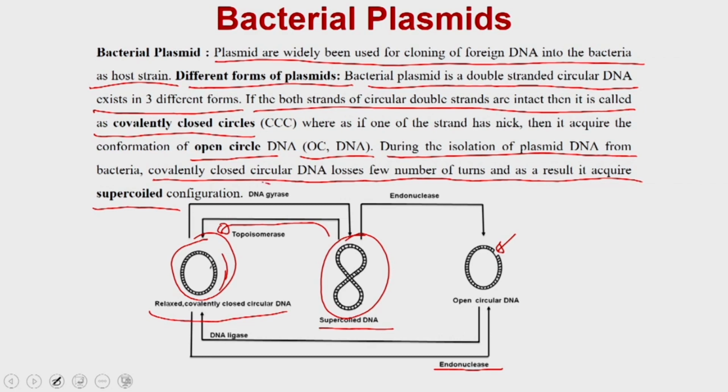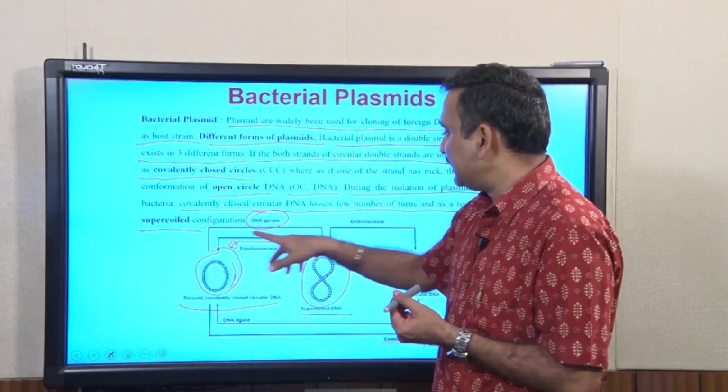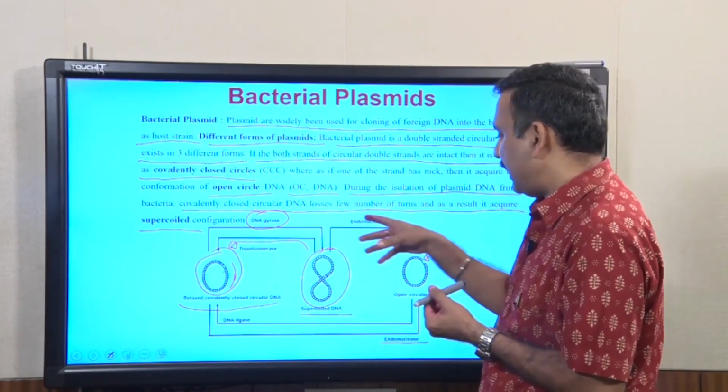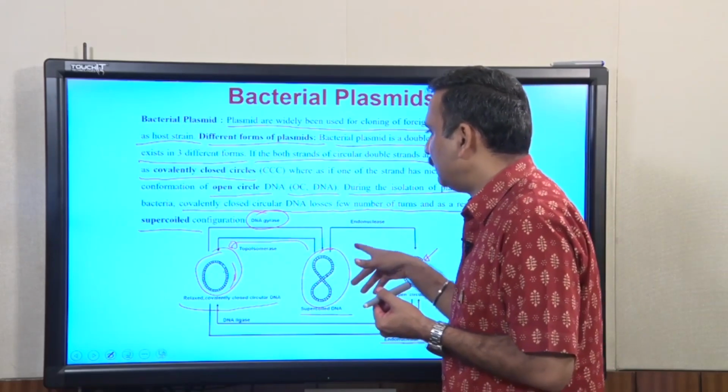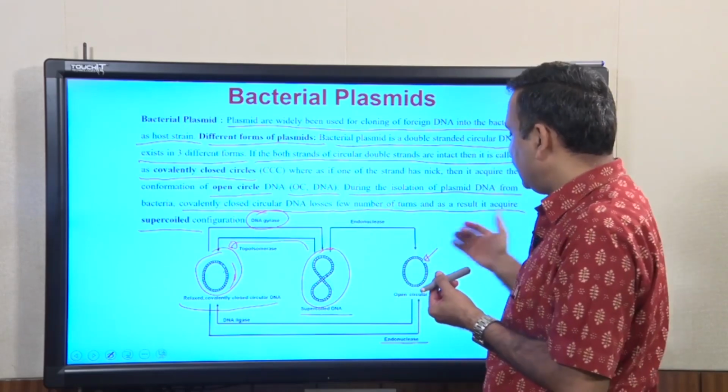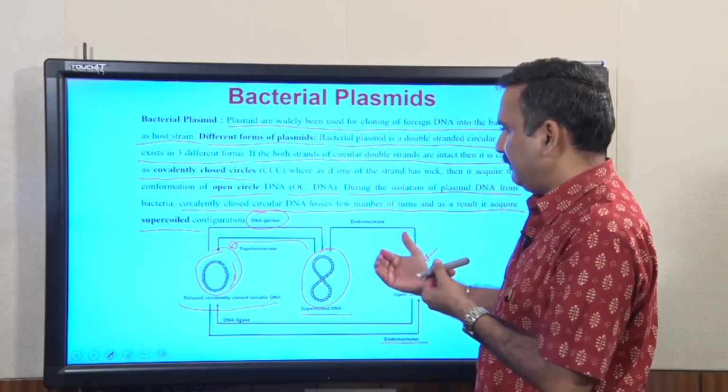If you add DNA gyrase to the CCC DNA, that will convert the CCC DNA to supercoiled DNA. All these three forms exist at the same time, and they can be converted into each other either by enzymatic or by physical changes. If you isolate a plasmid, you will see that all three forms exist at the same time.